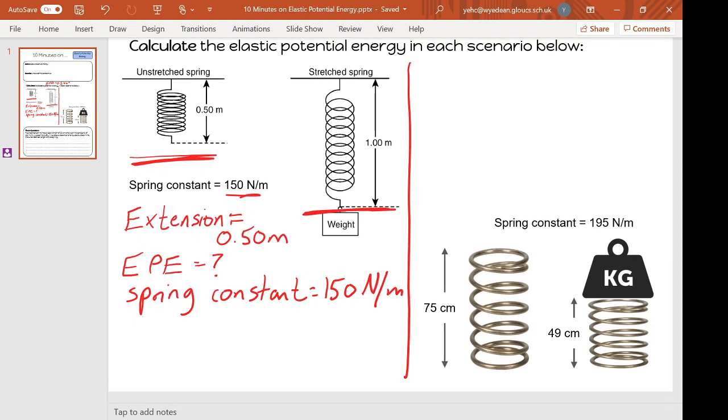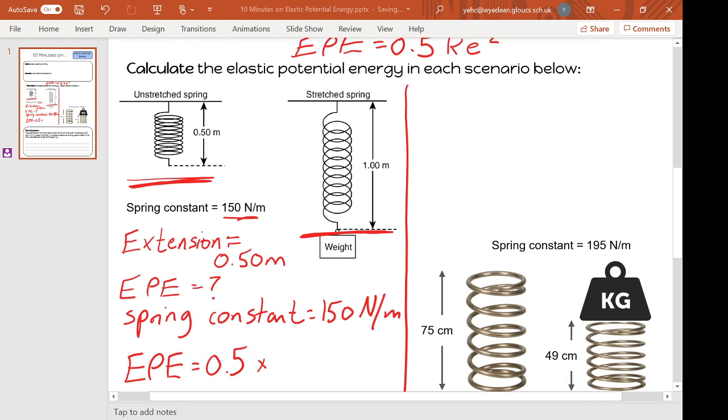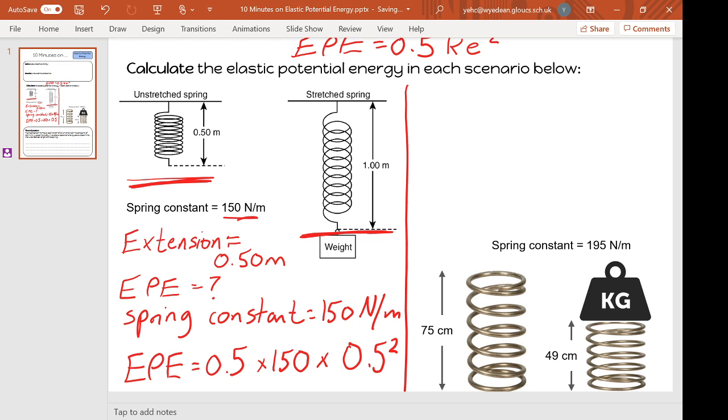So if we plug it into our formula, EPE is equal to 0.5 times K, which is my spring constant, so it's going to be times 150 times E squared, which is extension squared. So that's 0.5 squared. Remember, the squared only belongs to the extension. It's not that you're squaring the whole thing.